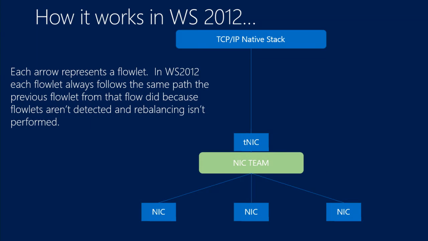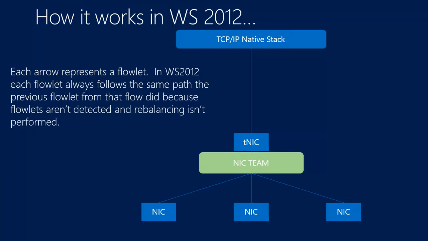Question back there. Issues with or recommendations against using the dynamic algorithm with LACP mode? Dynamic works very well in LACP mode, but keep in mind it's only balancing the outgoing traffic, the egress traffic, because the ingress traffic is controlled completely by the switch.